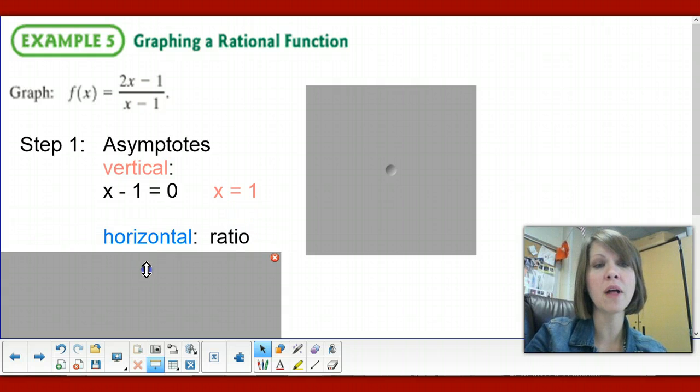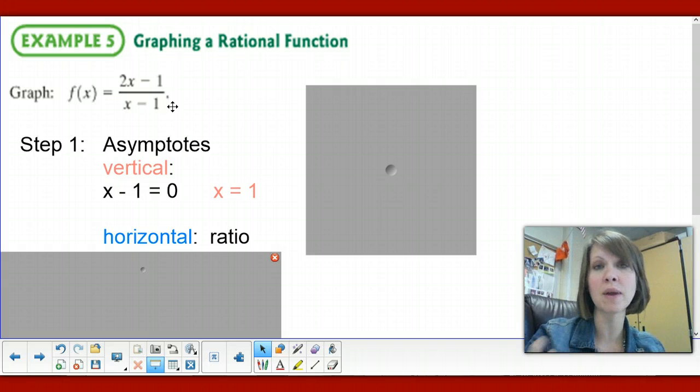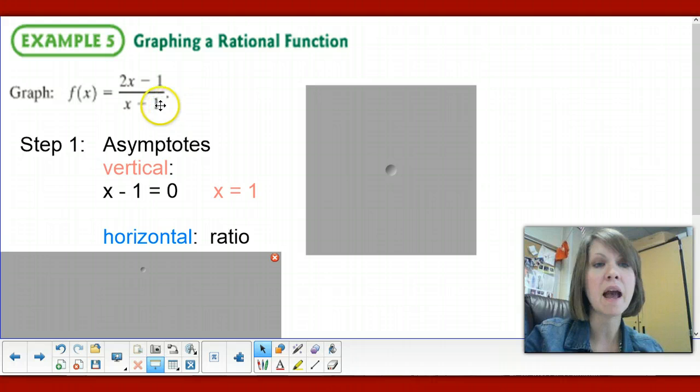The horizontal asymptote, remember the question we ask there is, what is the weighting going on here? Is my function balanced in degree? Is it top heavy or is it bottom heavy? Those are the questions that we ask. Now, this one is balanced in degree because we have 2x to the first over x to the first.